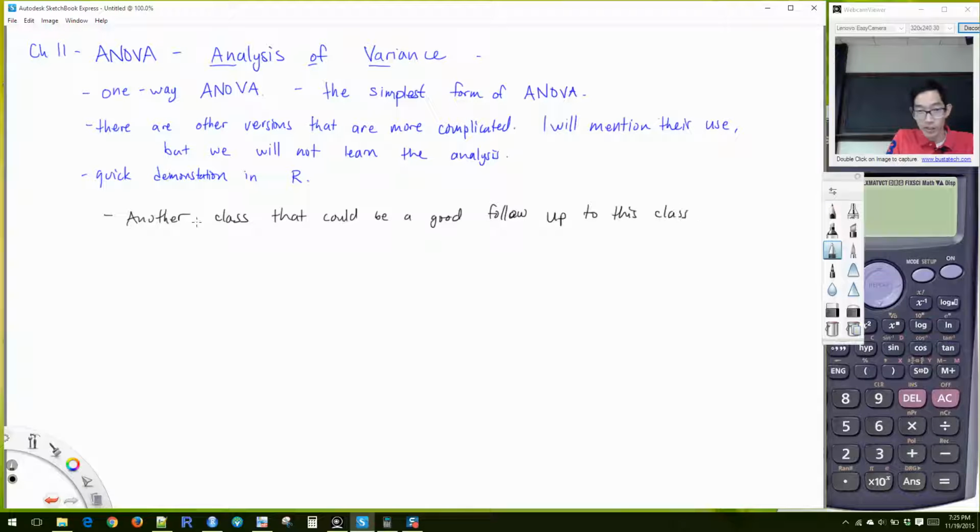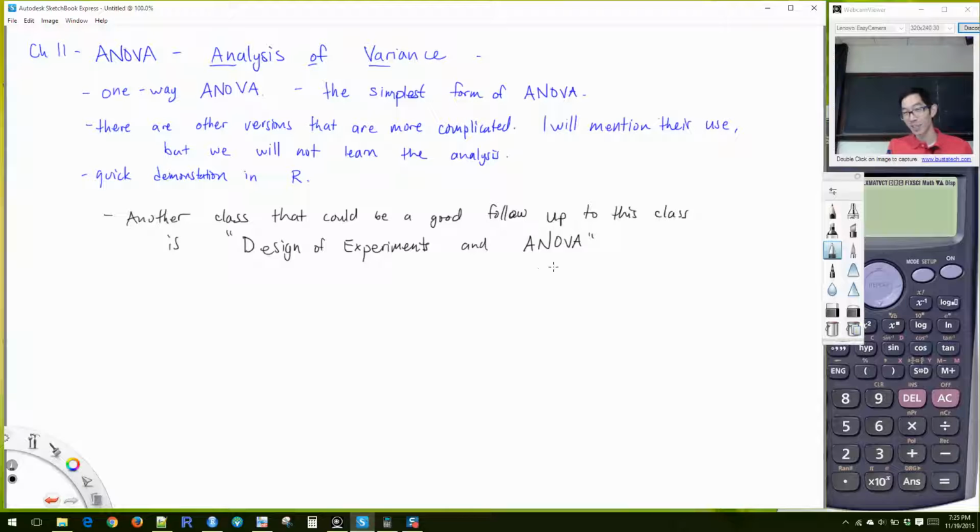This class will probably be under the title Design of Experiments and ANOVA, or something along those lines. It could just be called Design of Experiments, and almost certainly ANOVA will be mentioned.